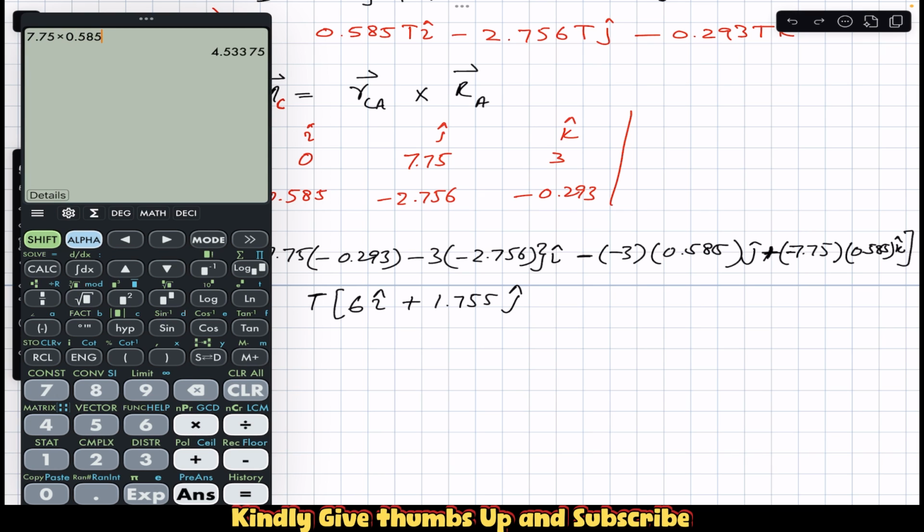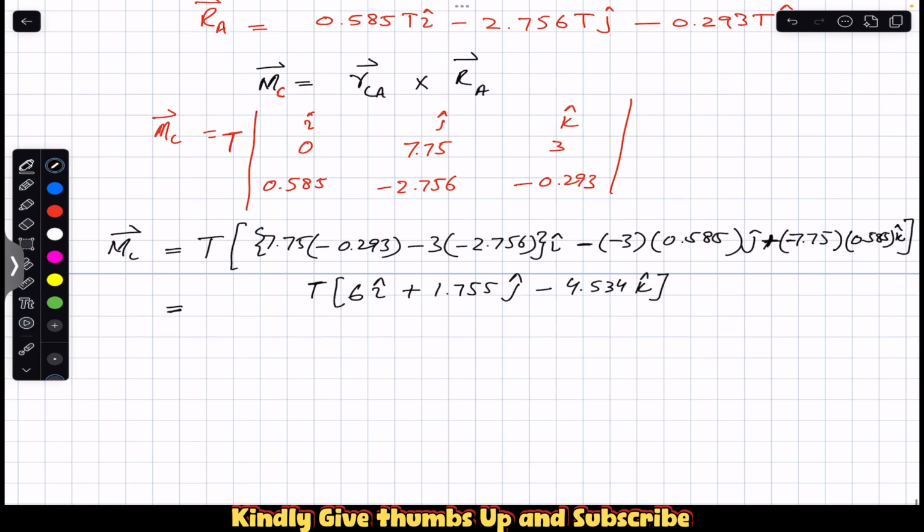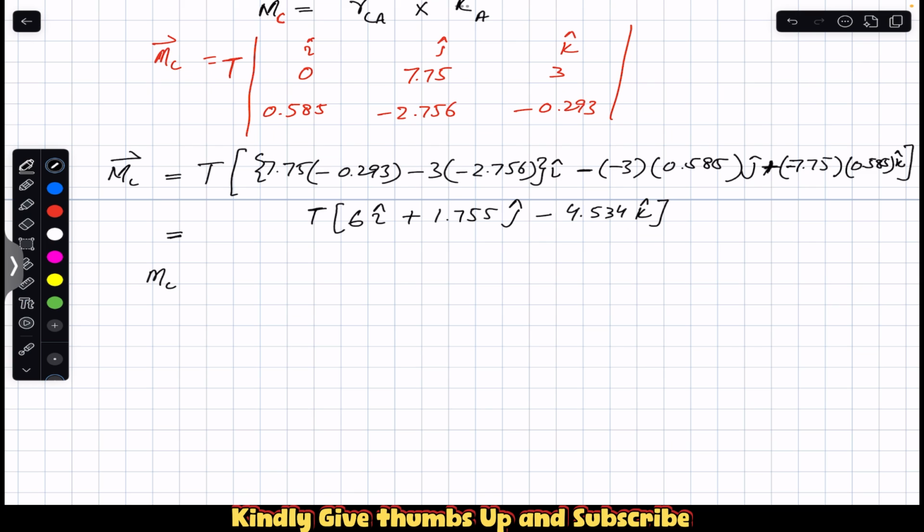So this is minus 4.534 K. So now we can say that the moment about point C vector is 6Ti plus 1.755 Tj minus 4.534 Tk.